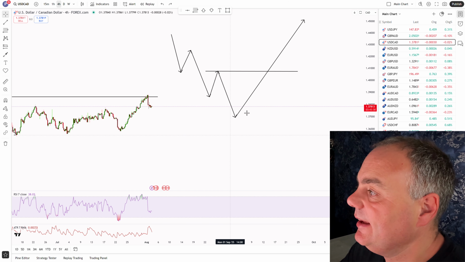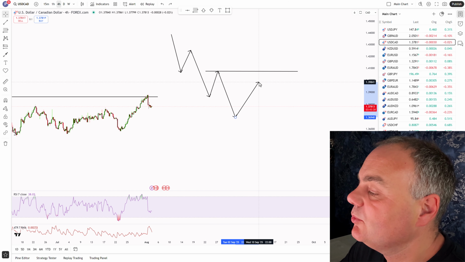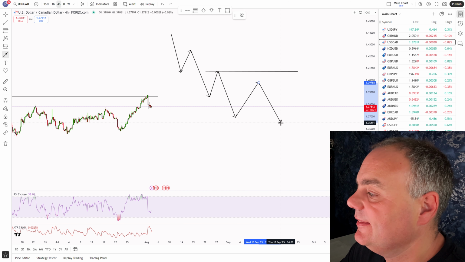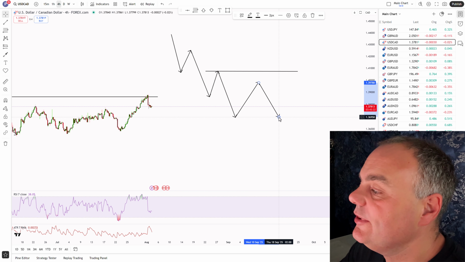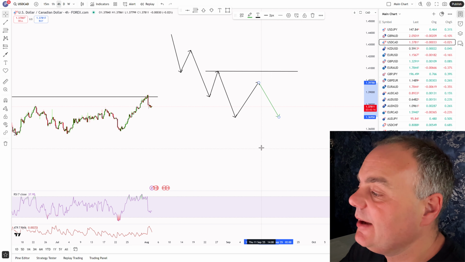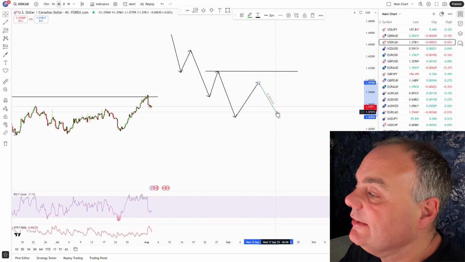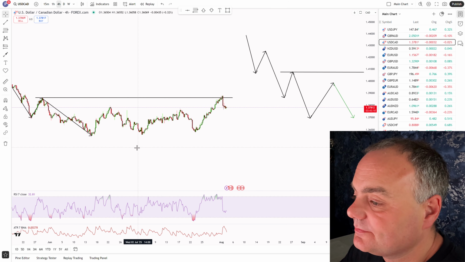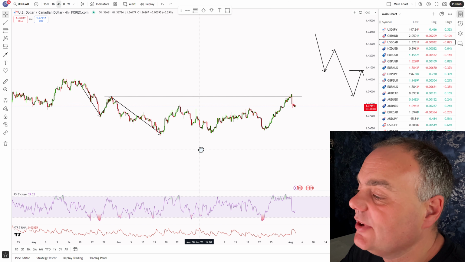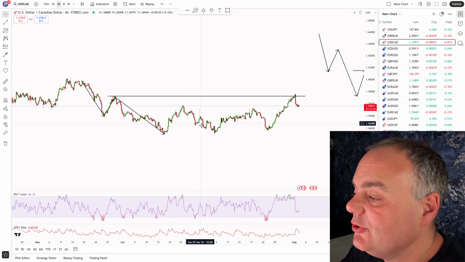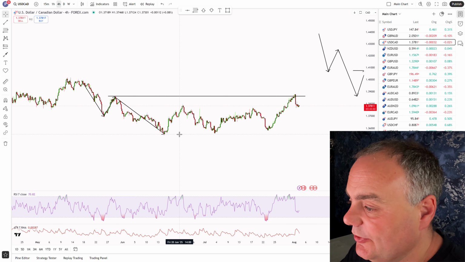So the trade we would want to take would be that there, for a retest of our recent low. That would be our trade if we're a trend continuation trader, looking for opportunities to retest our new lowest point, which is here.